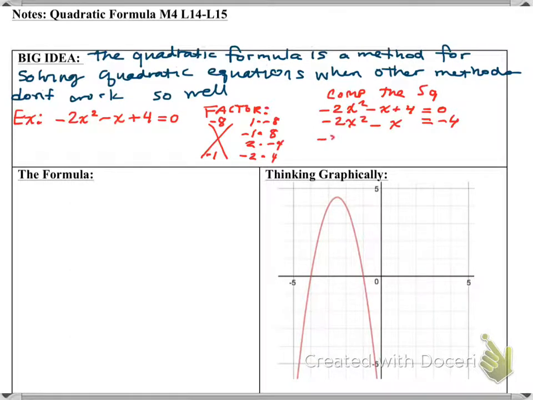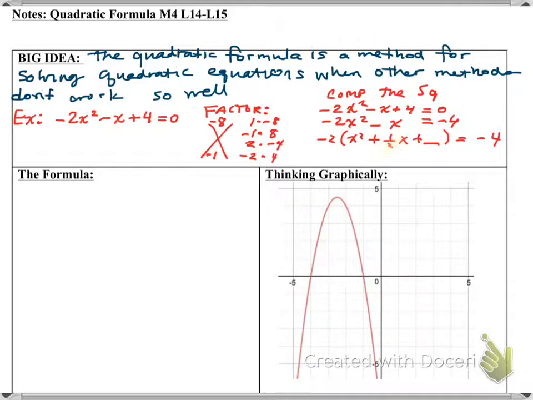Then because a is not 1, I would take out that negative 2. And I get a 1/2 x. And then I'd have to start to think about how do I complete my square. Like what would I have to add there? I already have a 1/2 as my b value, so I'd have to take that, divide it by 2 again, and then square it. So I start dealing with these kind of messy fractions or decimals, and I don't really want to do that.